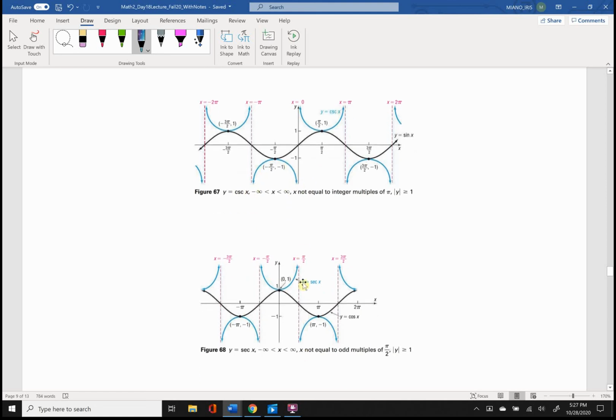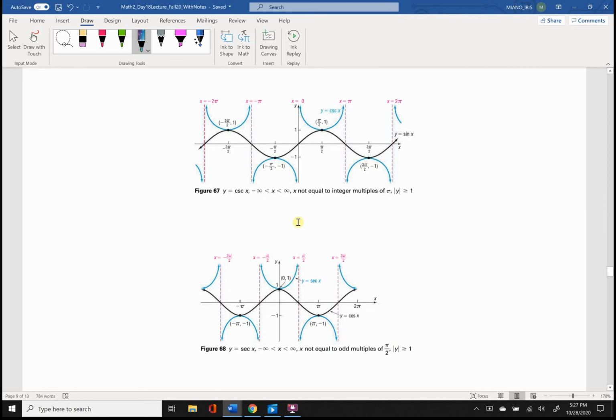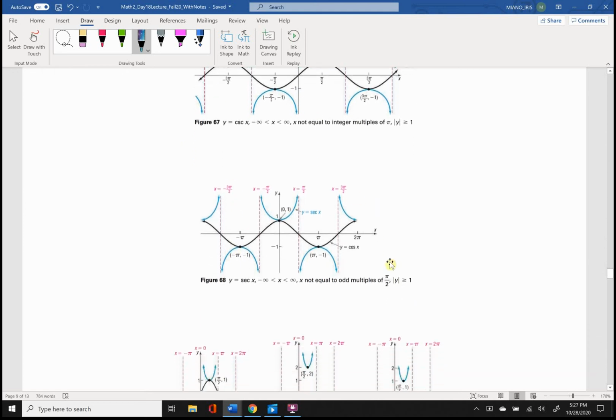And then down below we have a secant plotted in blue. So cosecant and secant are in blue for figures 67 and 68 that you see here, and their sine and cosine counterparts respectively are plotted in black. So yes, they come in pairs.